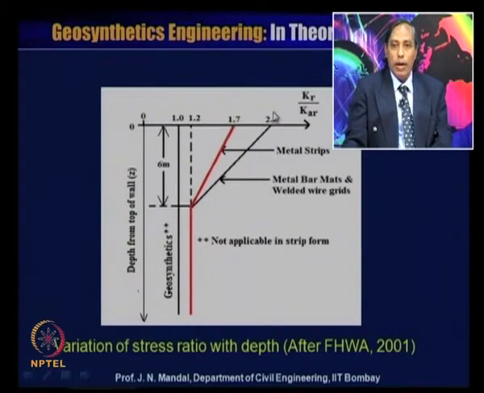If it is a metal bar or mat welded wire grid, you can also calculate the stress ratio, and here it has been shown how the stress ratio varies with the depth. After 6 meter, it is constant in case of the inextensible reinforcement.